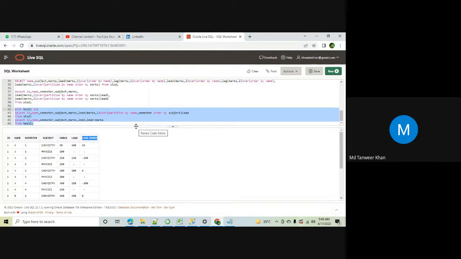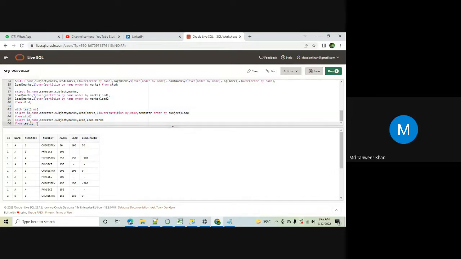So where it is zero, we have to take the records. Very good. So the condition is where lead minus marks is equal to zero. I want those records. Why, Ruja, you told that it is zero? What is the reason?